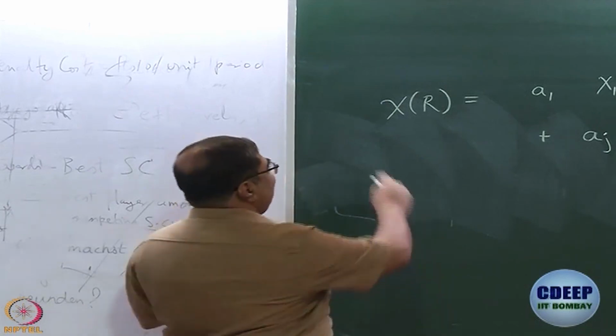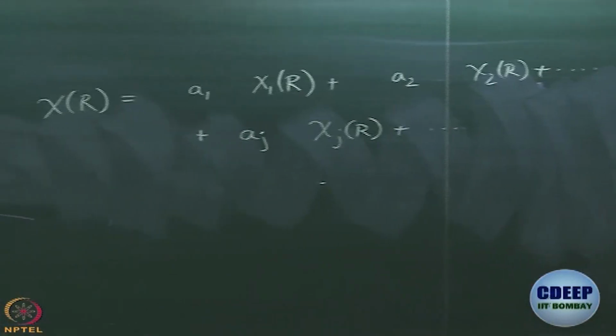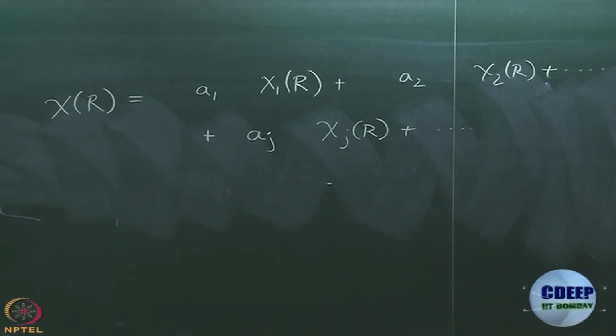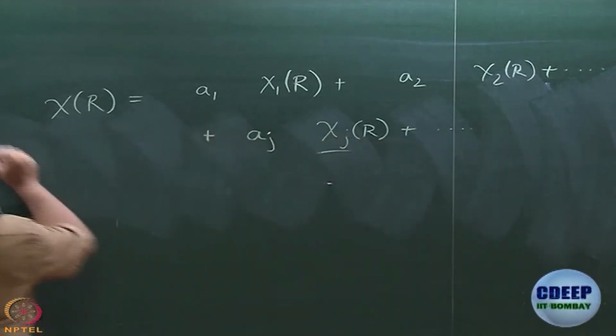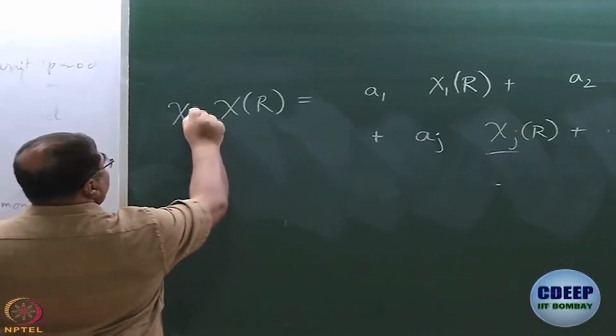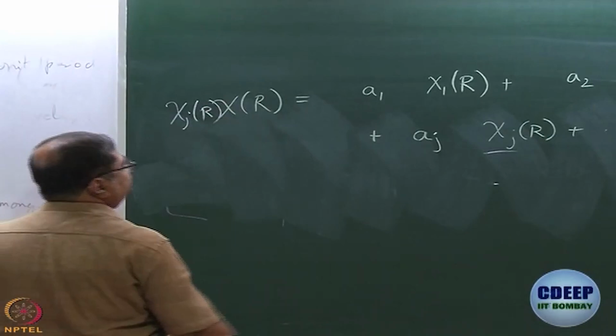What we will do is, we will left multiply by say this one, chi j R. So, write that.